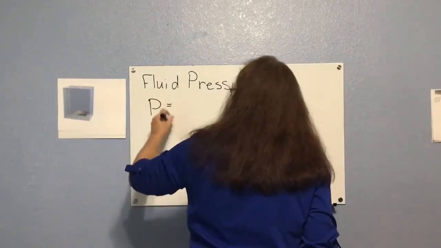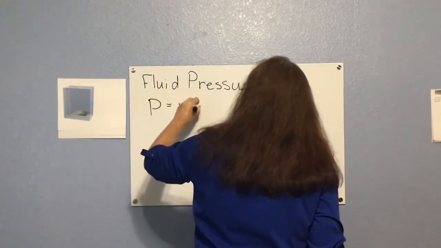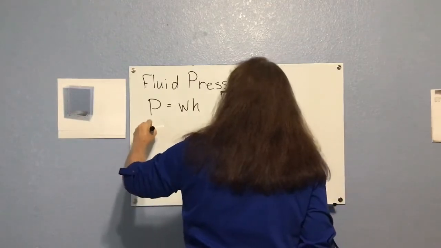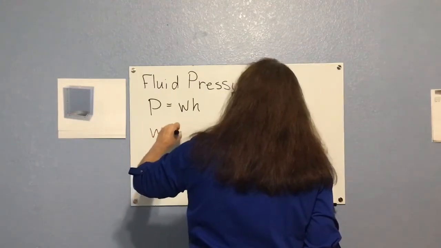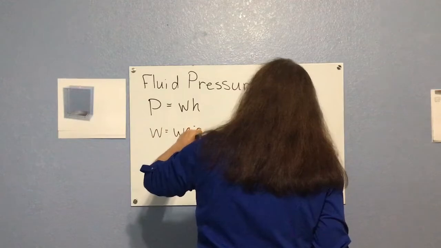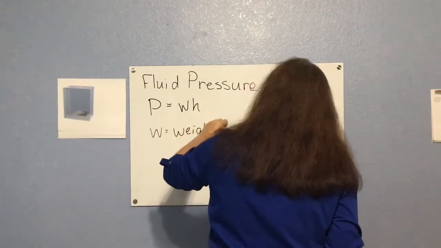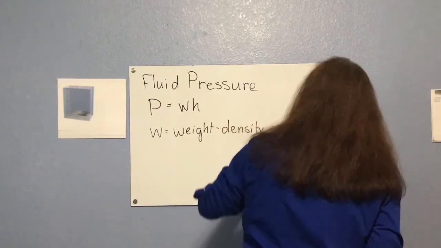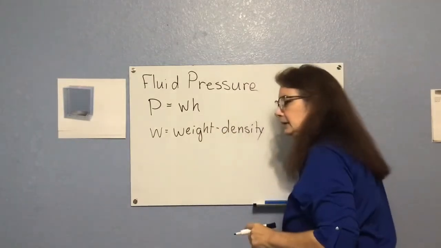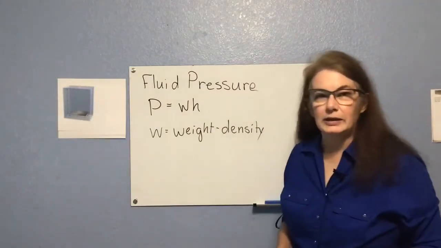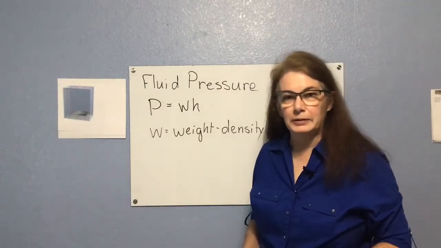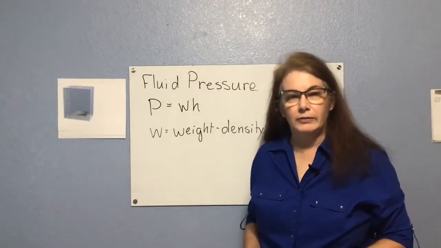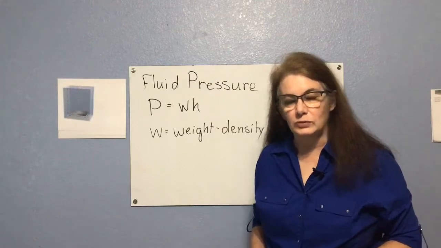Fluid pressure is defined this way. P is equal to W H, where W is the weight density of a fluid, and this is a number that's unique for any particular type of fluid. Of course, the one we're going to use most often is water.